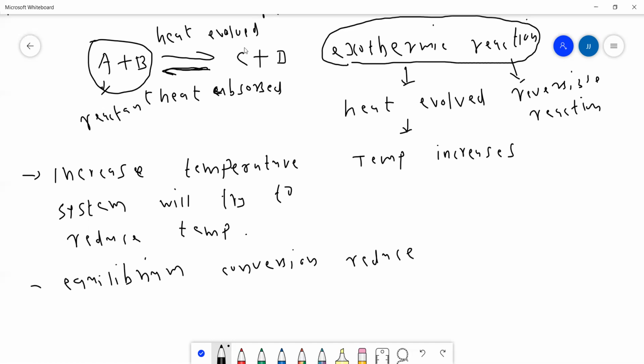So we have seen the effect of concentration and temperature.